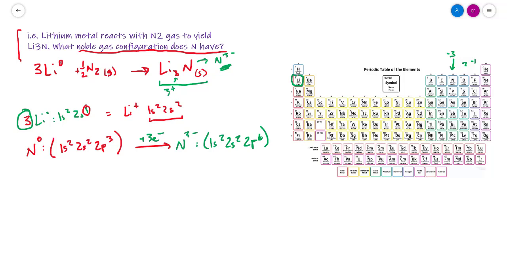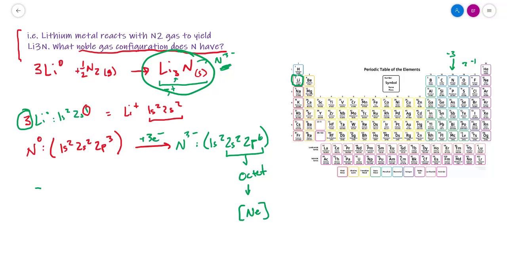Look at that. It's got a nice octet here, which achieves the noble gas configuration of neon. Both the lithium and the nitrogen in the compound of lithium nitride have achieved their octet. That's no coincidence. That's the reason why lithium nitride forms: it's much more stable.